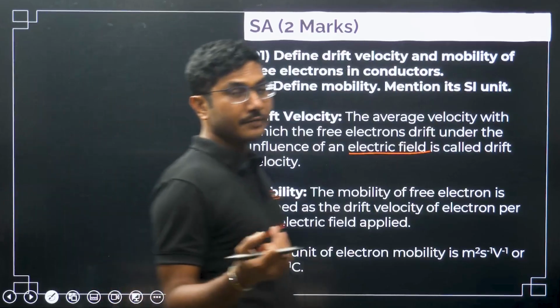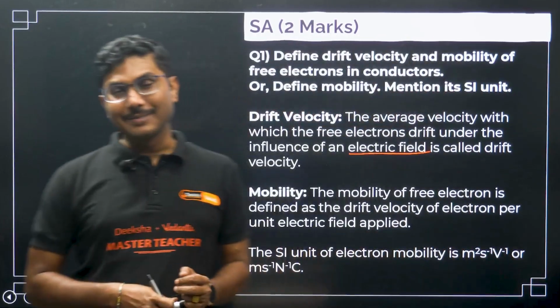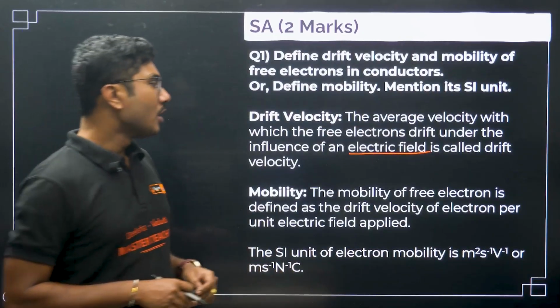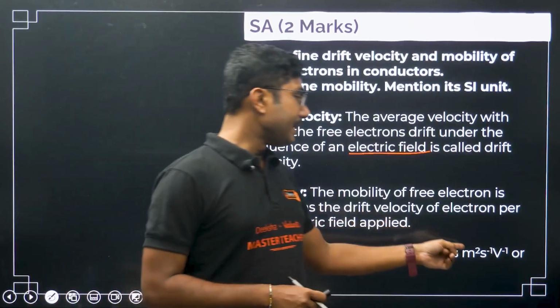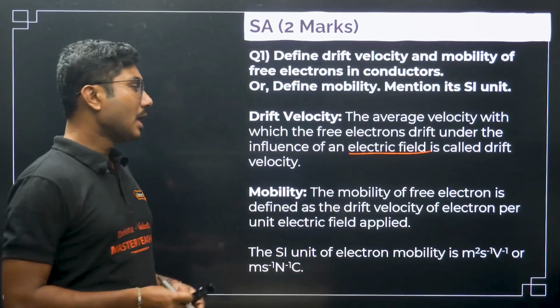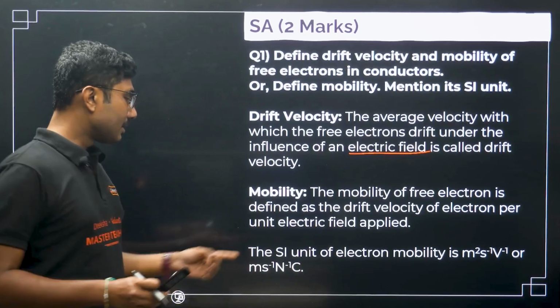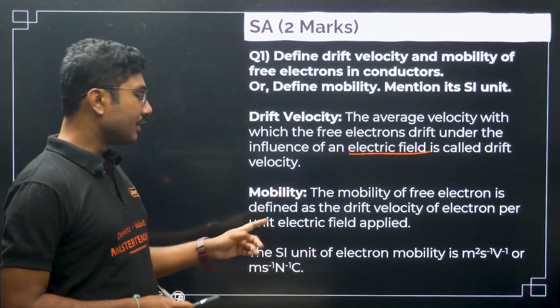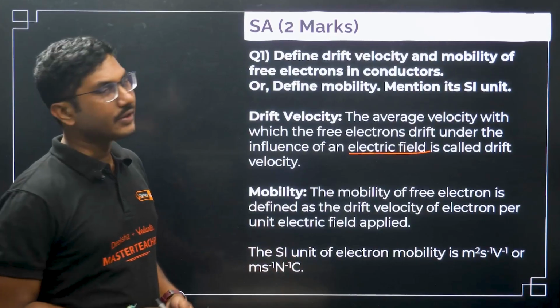So mobility is basically mu equals Vd divided by E, only the magnitude. And the unit of mobility is meter square per second per volt. Very important to remember: meter square per second per volt, or meter per second per Newton into Coulomb. Whatever formula you are comfortable with, you can use that.